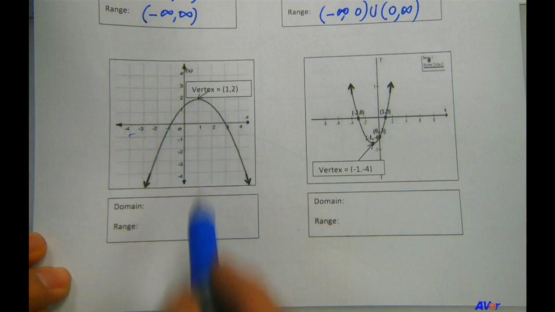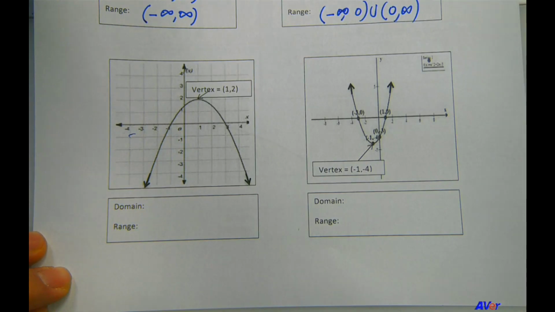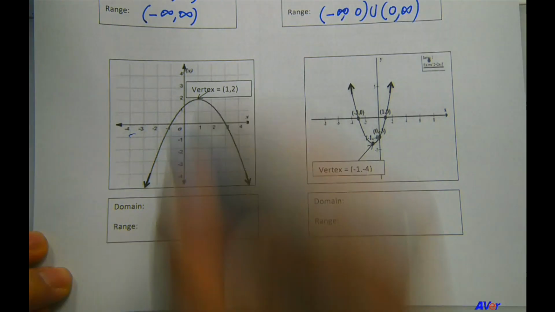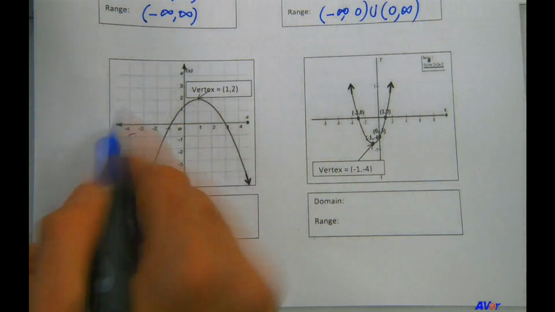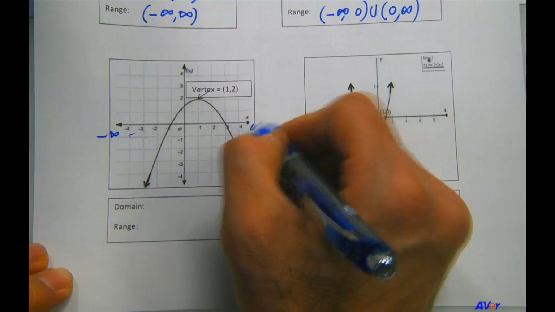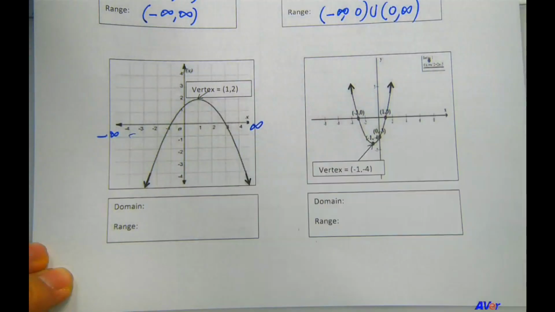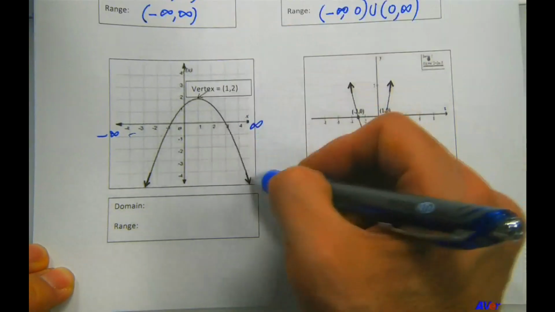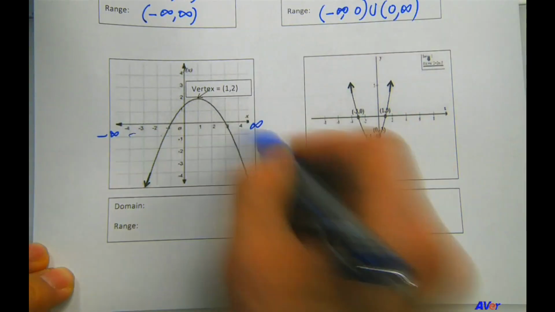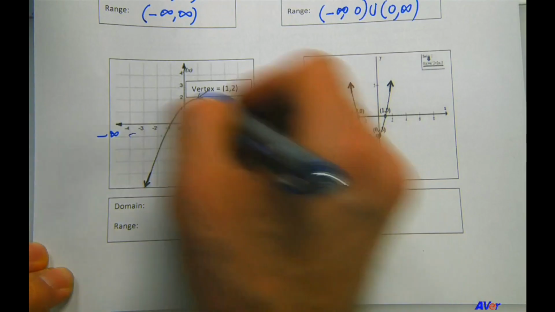With respect to the x-axis, do you see any restrictions at all? There are no restrictions, right? If you continue this line off the page, it'll be from negative infinity to positive infinity. There is no value that this line cannot accept. Along the x-axis, it accepts all x values.